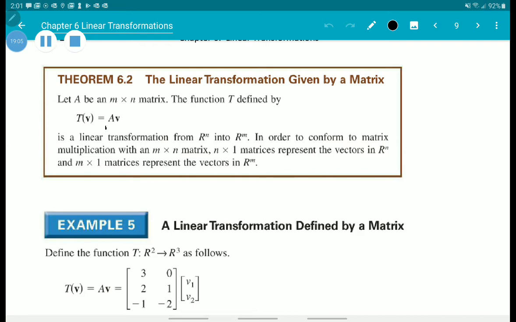Now, if A is an m by n matrix, to make this matrix multiplication work, then v has to be an n by 1 matrix. So then our result is going to end up being an m by 1 matrix. So this is a linear transformation from Rn to Rm. v is in Rn. And then what we're going to get out is an m by 1, which makes sense, since that's going to be in Rm.